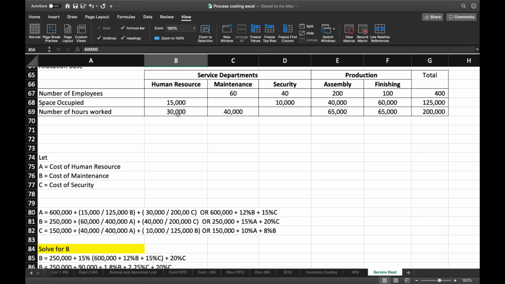Since human resource occupies 15,000 from a total of 125,000, its share in the maintenance cost would be 15 over 125 times B, or the cost of maintenance. For security, the share of human resource to the security cost would be 30,000 over 200,000 of the cost of security, that is 30,000 over 200,000 of C.